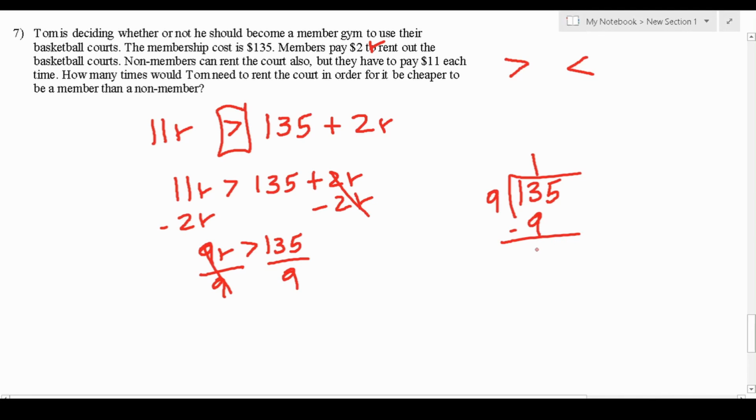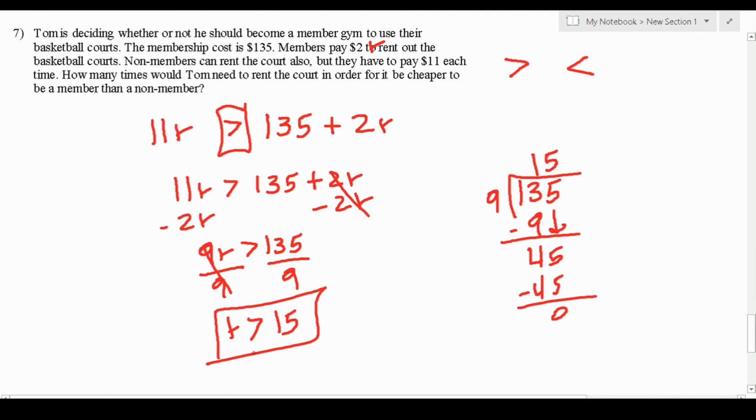Let's subtract. 13 minus 9 is 4. We'll drop down this 5. 9 times 5 is 45. So we can see there's going to be no remainder there. So we know that R is going to be greater than 15.